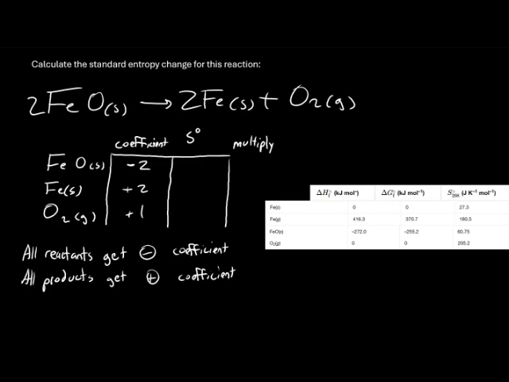Now we go to the table on the right and look up the entropy values, but when we look them up, we must be careful to select the correct state. Now, we have FeO solid as our first item. FeO solid has an entropy value of 60.75 joules per Kelvin mole.